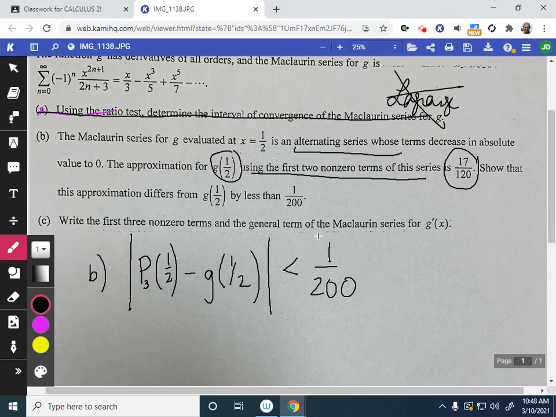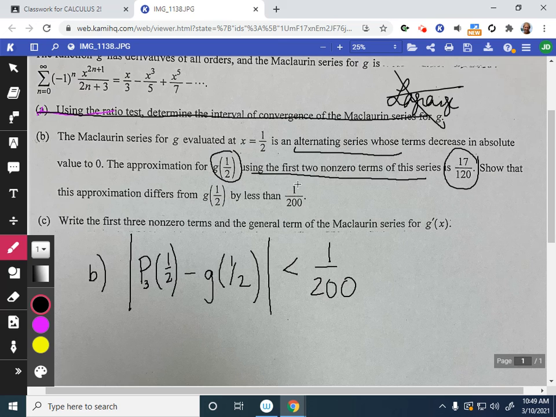So when they want me to do this, they want me to just use the next term. I don't have to use Lagrange error bound. I don't know anything about g itself. I don't know anything about its derivatives, so I would never even be able to find that next term using Lagrange. I said in the last video something about when we have x's in our series, that tells us we should use Lagrange.